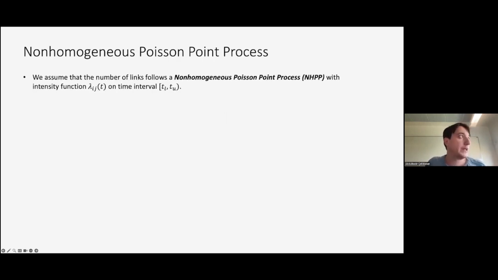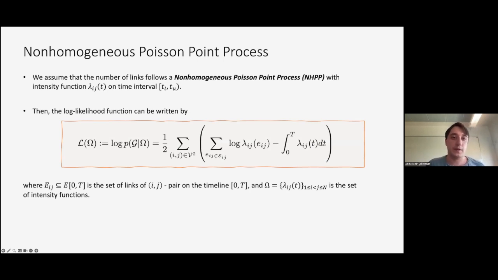We assume that each node pair, i and j, might contain multiple interactions over time. A typical way to model the number of events occurring in time, or the locations in spatial space, is to use a Poisson point process. Similarly here, we use this Poisson point process to model the number of interactions between nodes i and j.